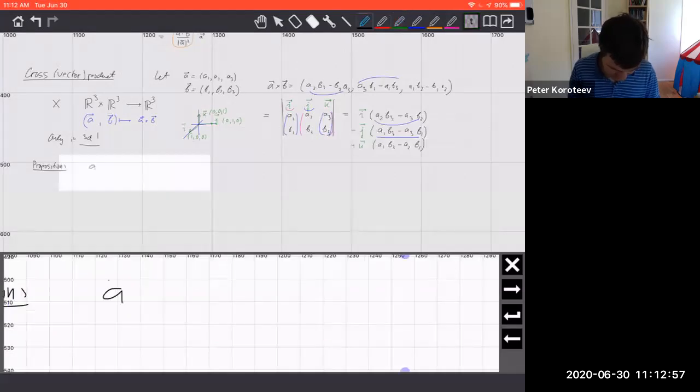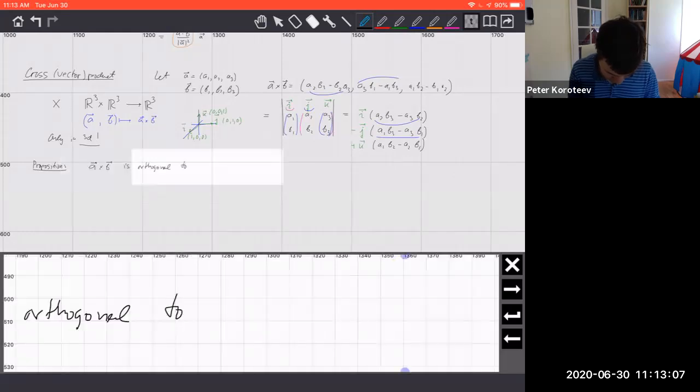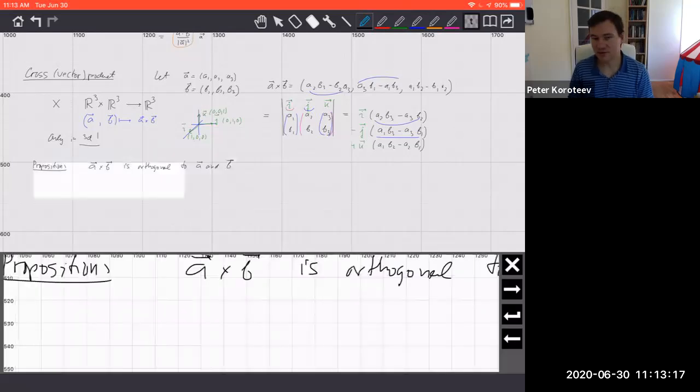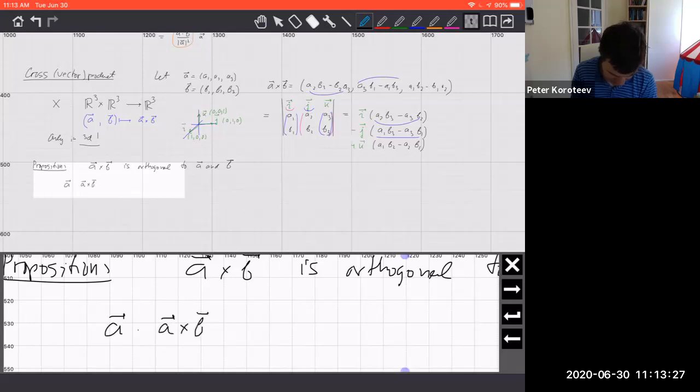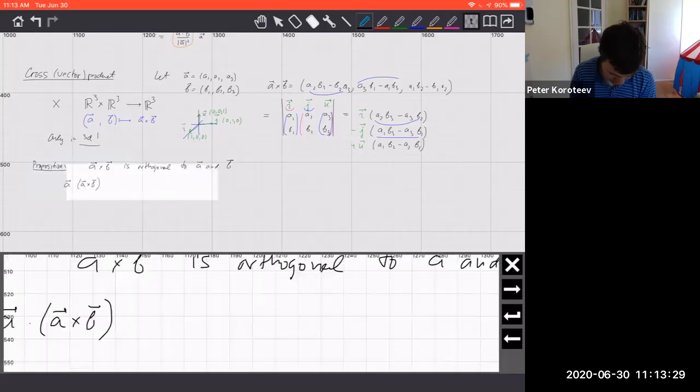So the proposition is that A cross B is orthogonal to A and B. How do you prove that something is orthogonal to something? We calculate the dot product. So let's take A dot A cross B, and use the formula we just talked about.